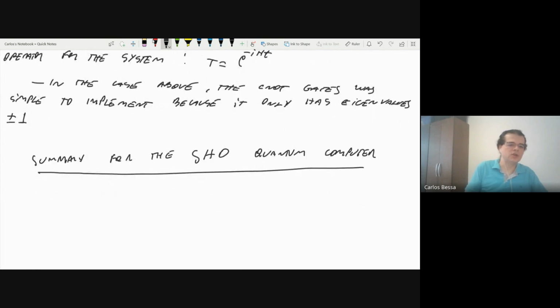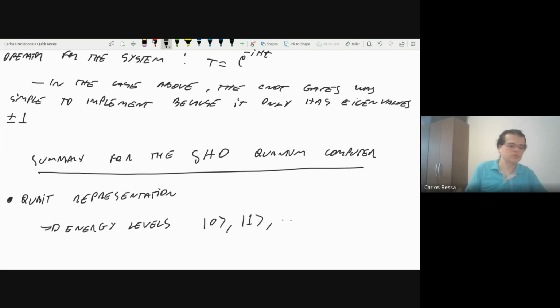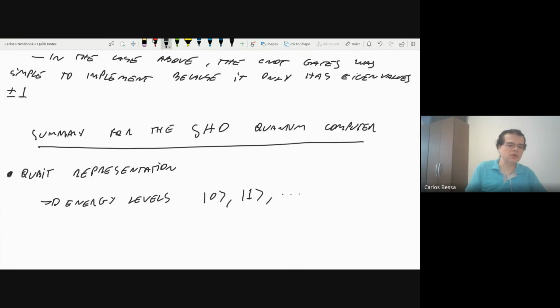The qubit representation: adjust the energy levels, like 0, 1, and so on, right? Unitary evolution: just the time evolution related with the time operator, related with the Hamiltonian.